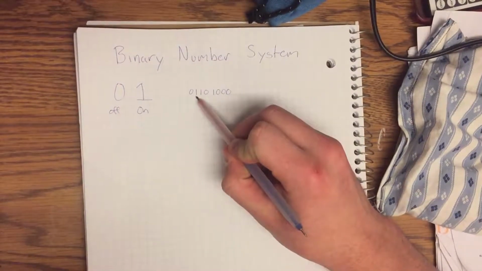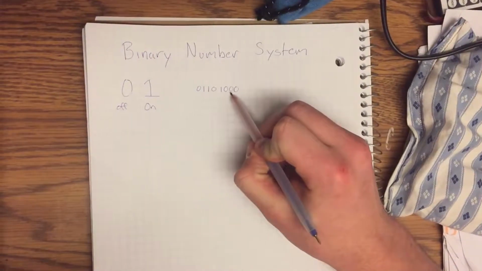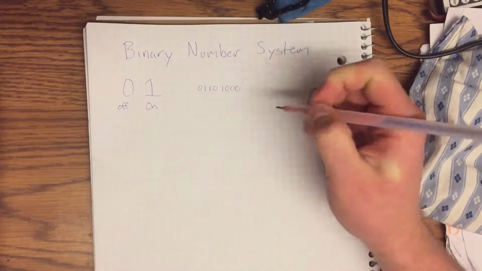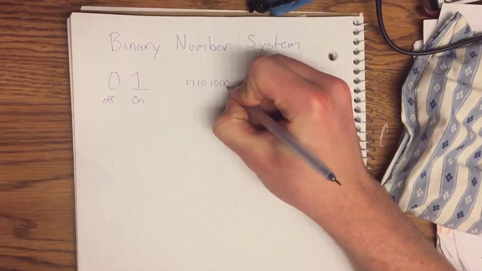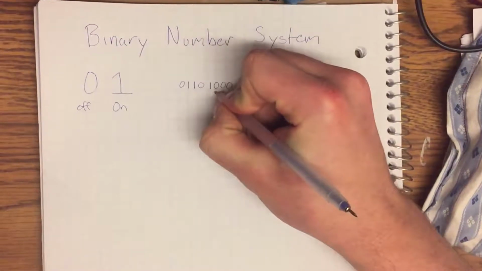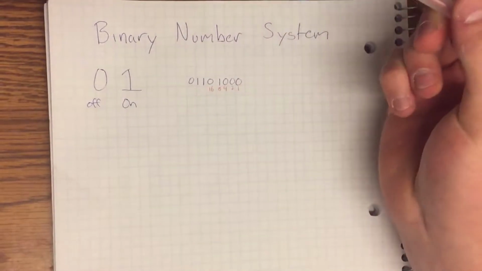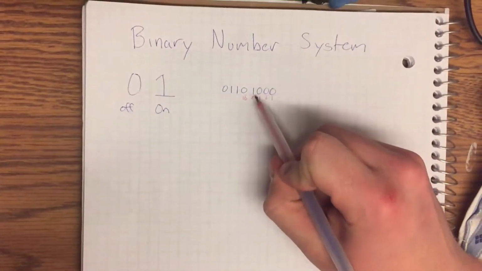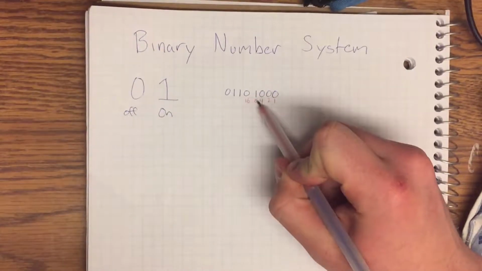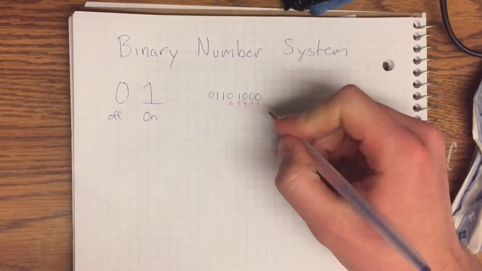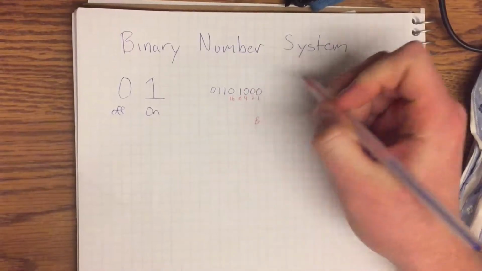This would mean off, on, off, on, off, off, off. So this is a 1, this is a 2, this is a 4, this is an 8, 16. So 8 is the only digit that is on. So this 1 means that there's going to be 8.